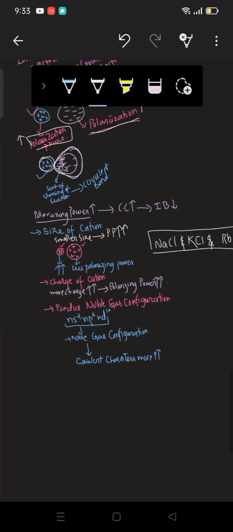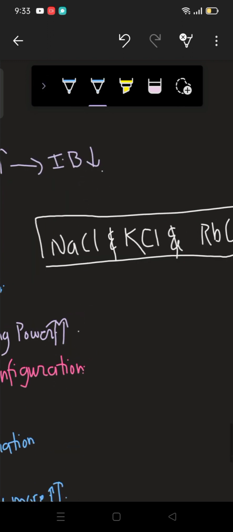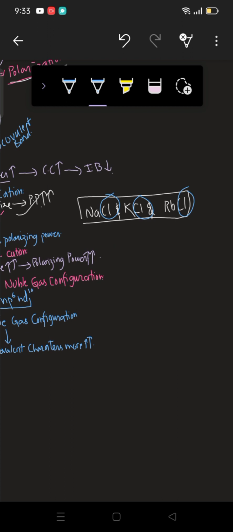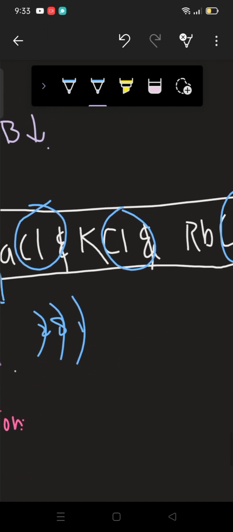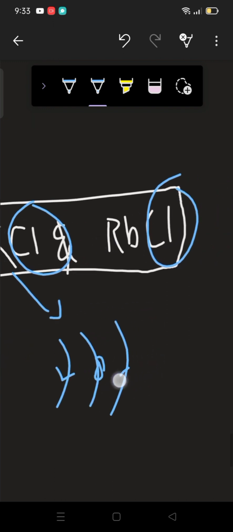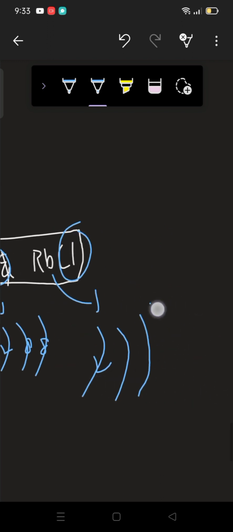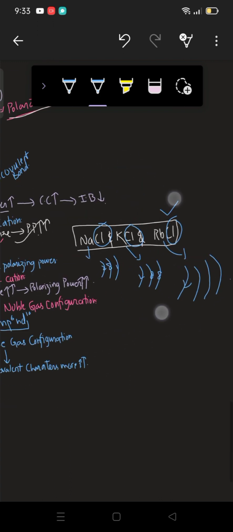We have already talked about size, so let's apply the rule of size here. Let's see the anion first. The anion in all the compounds is the same: chloride, chloride, chloride. Which means now we need to work on the cation. Na will have this size, 2 electrons, 8 electrons, and 1 electron, right? Potassium will have 2, 8, again 8, and it will have this larger size. Now see which one has more size. Rubidium chloride has the largest size.